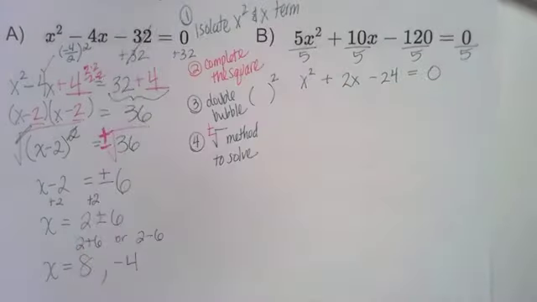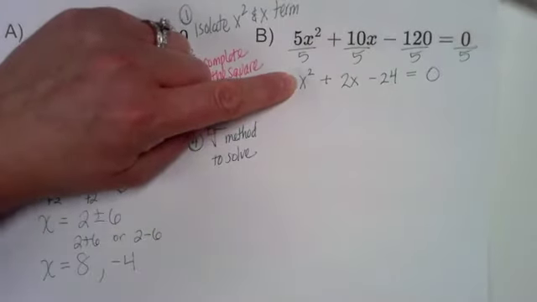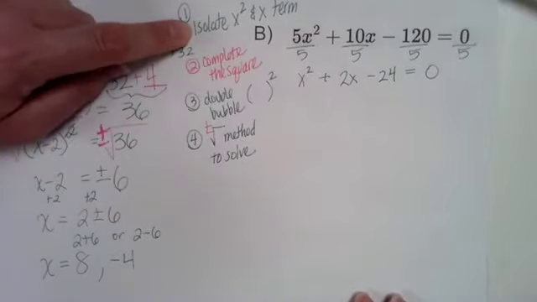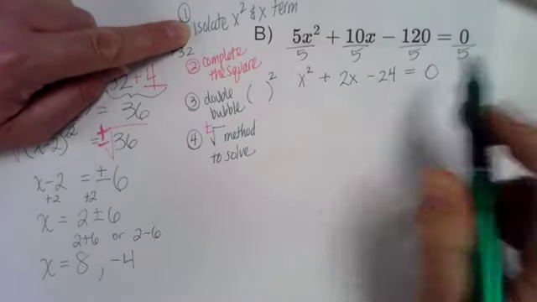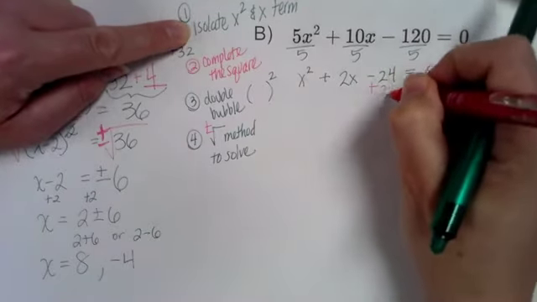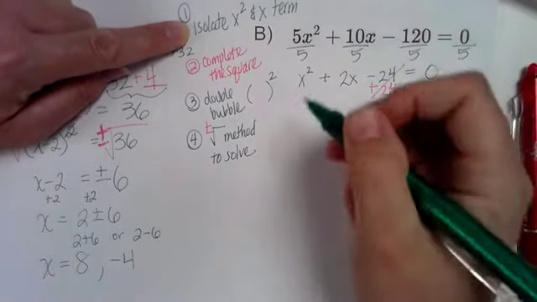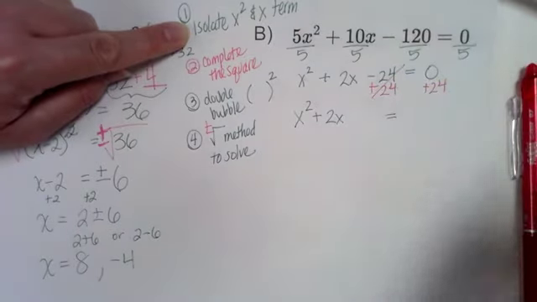So sometimes you might need to divide first so that we have a single x squared. Now the next step is to isolate the x squared and the x term. I've got to move this 24, so I'm going to add 24 away so that I have a nice little space to complete the square.